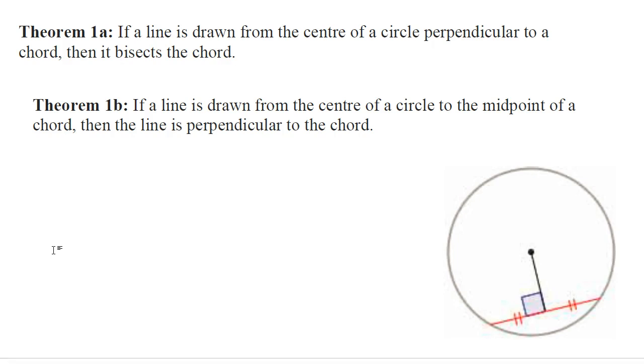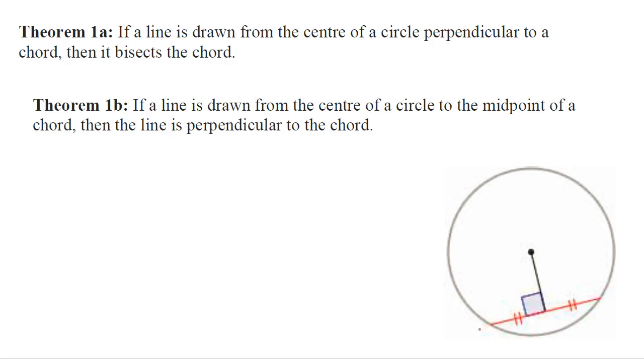As you can see here, a line from the center to a chord. What does that mean? It means that I have a line from the center of the circle to a chord. According to Theorem A1, if a line is drawn from the center of a circle perpendicular to a chord, that means it is 90 degrees, then it bisects the chord.